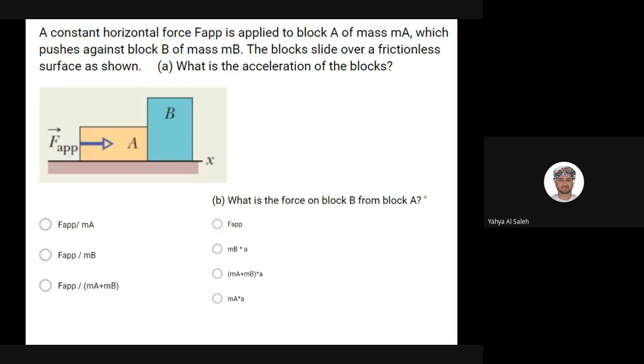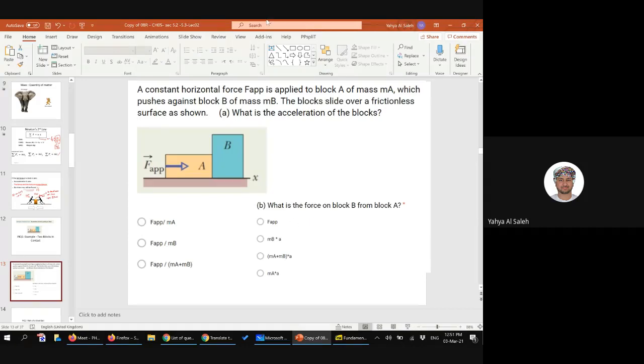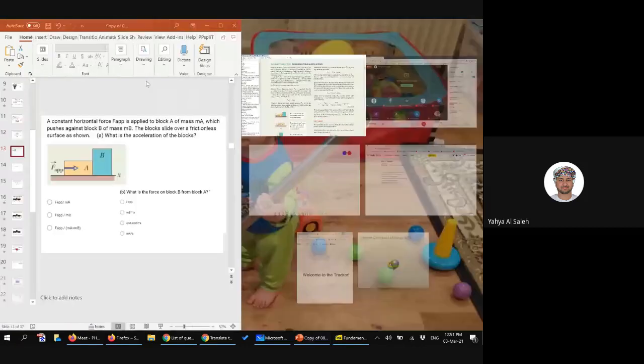The blocks slide over a frictionless surface, as shown. So we're not looking at friction at the moment. A, what is the acceleration of the blocks? Is it F applied over MA, F applied over MB, or F applied divided by the sum of MA and MB?